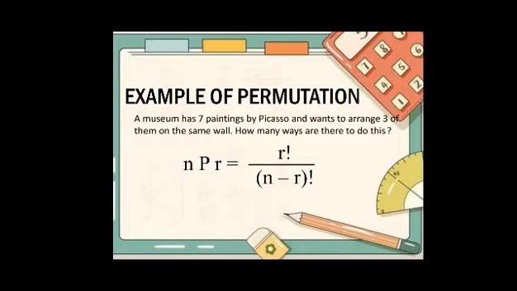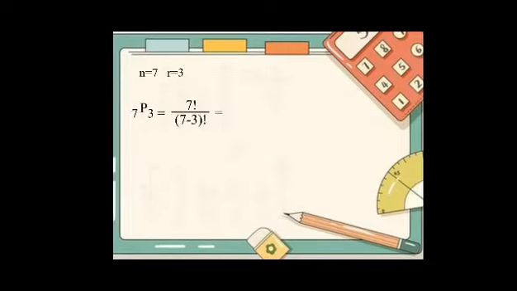The formula that we're going to use is nPr is equal to n factorial over n minus r factorial. n is equal to the total number of objects or options. r is equal to the number of those objects or options being used. n is equal to 7 and r is equal to 3. 7P3 is equal to 7 factorial over 7 minus 3 factorial. 7 factorial is equal to 7 times 6 times 5 times 4 times 3 times 2 times 1 over 4 times 3 times 2 times 1.